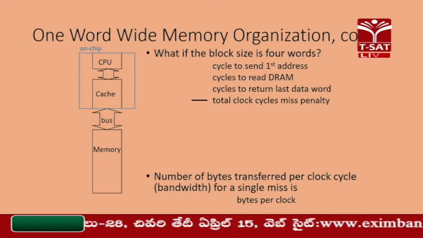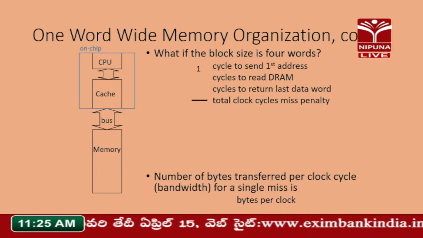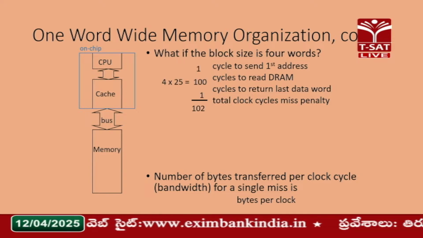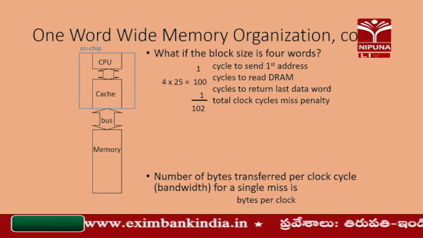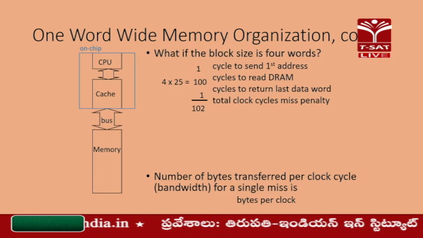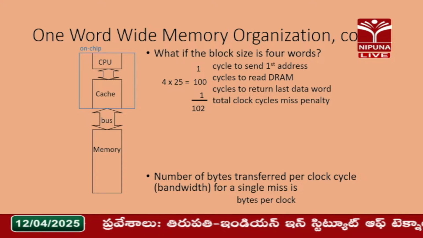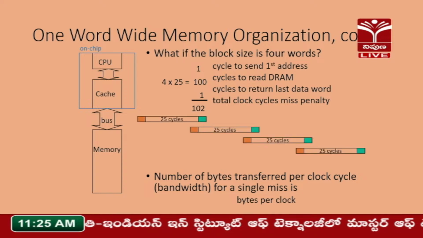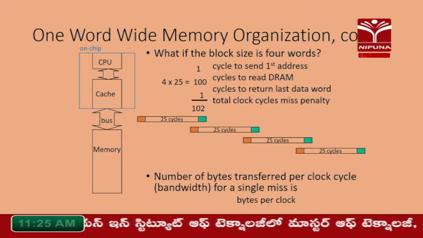So, what if the block size is 4 words, right? As I mentioned, if you increase the block size to 4 words, now I have 4 words to transfer, and each word takes 25 clock cycles. So, I am taking 100 clock cycles from the DRAM and the total comes to 102, and we are transferring the data one after the other.